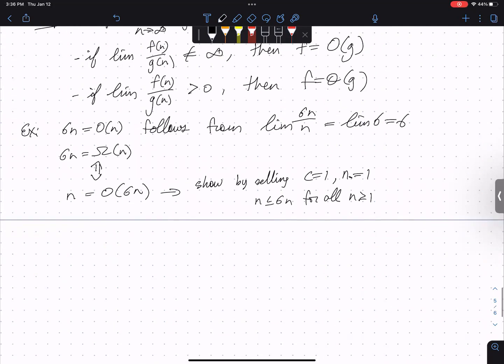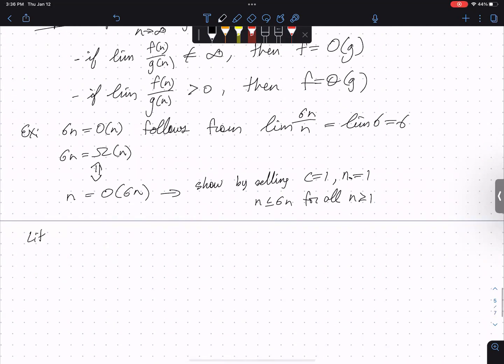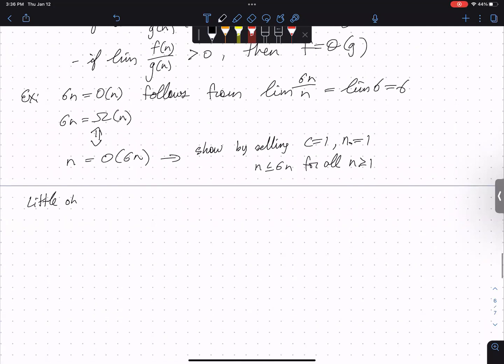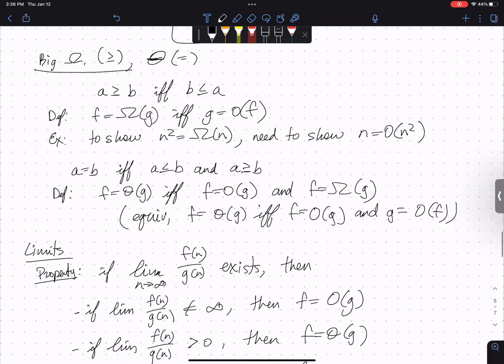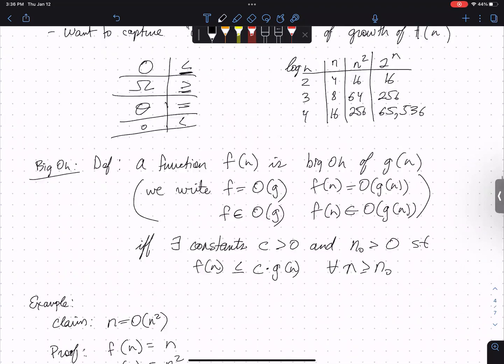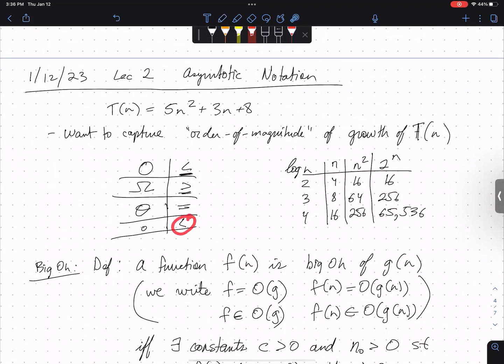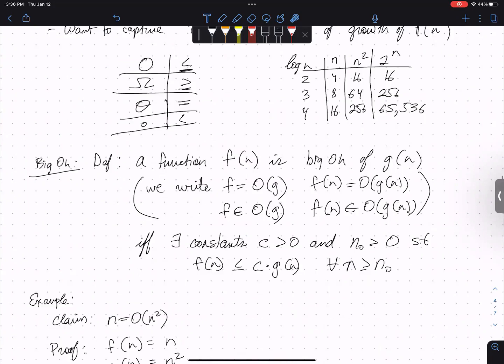Now this brings us to little o. We haven't defined little o. So little o, remember the intuition was it's strictly less than. So the asymptotic growth: if f is little o of g, then f is growing strictly slower than g.